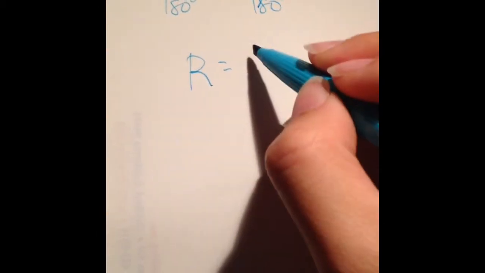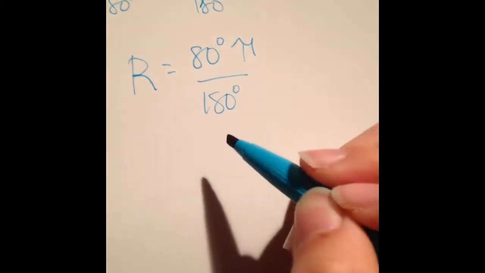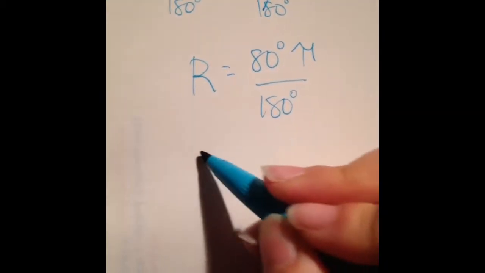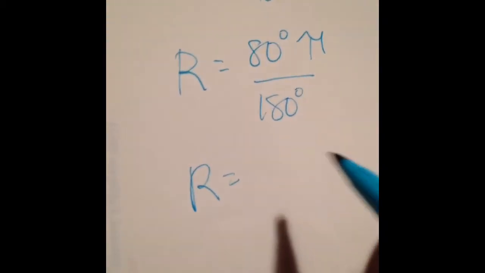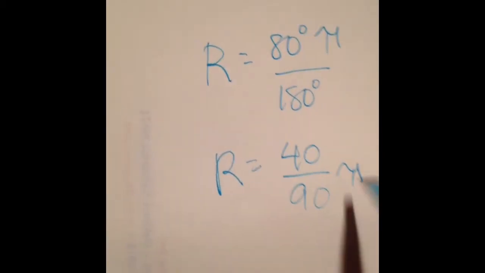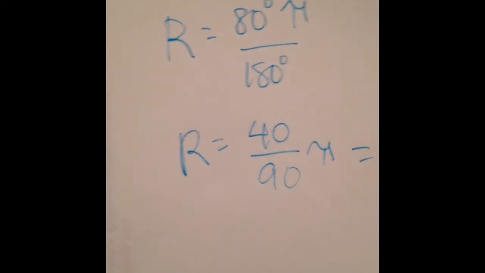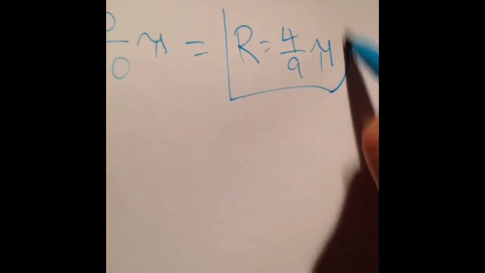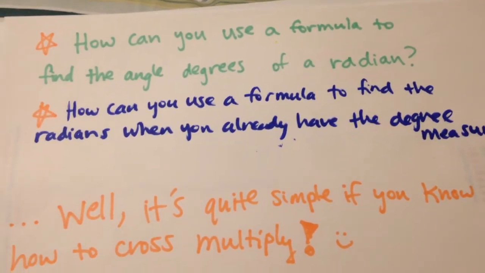And then R equals... You can simplify 80 over 180, which becomes... and that's your radians.